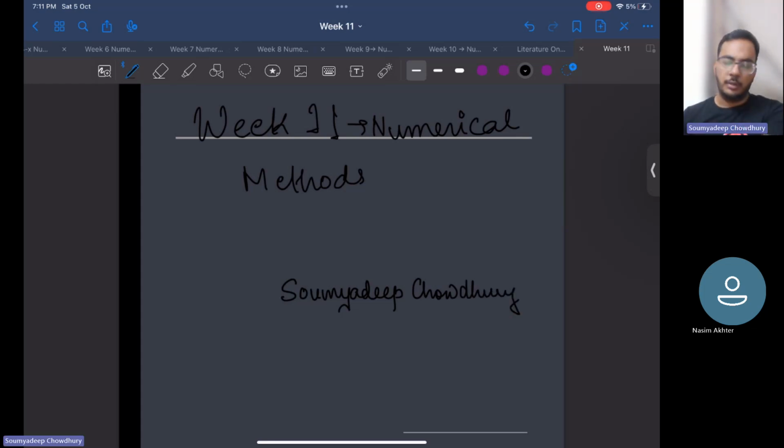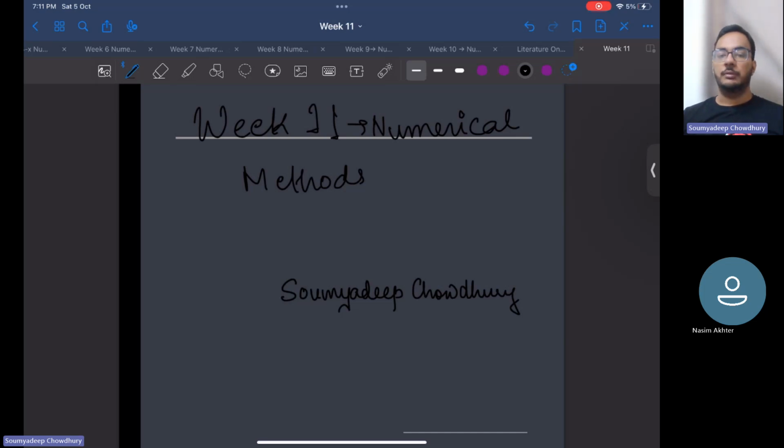So, good evening. Welcome to the 11th live session of this course, Numerical Methods for Engineers. Last class, we had started discussing ordinary differential equations, the different numerical techniques to solve them, based on the techniques which we have learned during numerical differentiation and numerical integration.